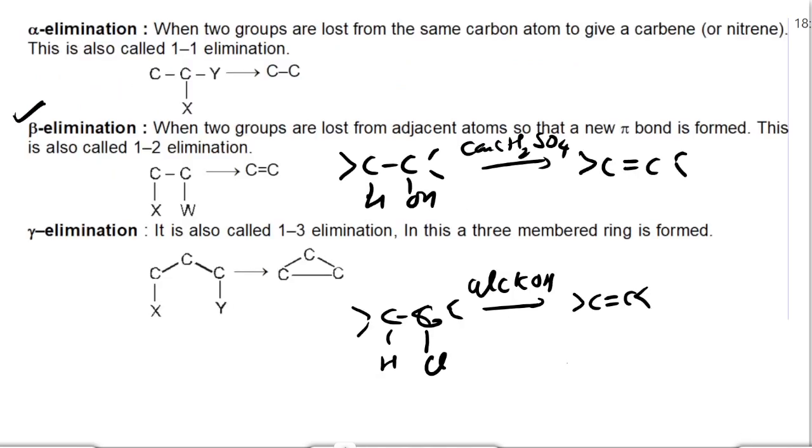There is cyclic esterification. Yes, that may be one of the reactions, or sometimes H and OH are removed from different atoms and a cyclic lactone is formed. That is a cyclic ester. Okay.